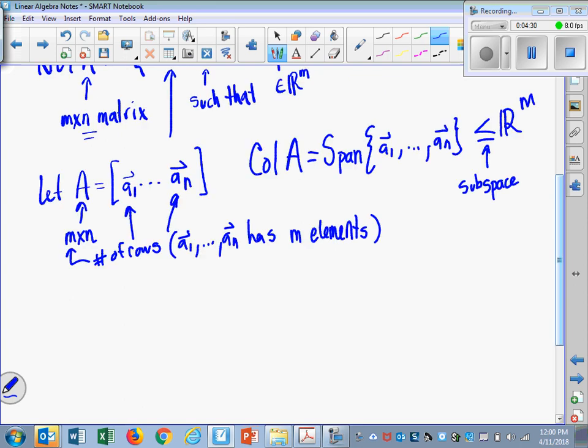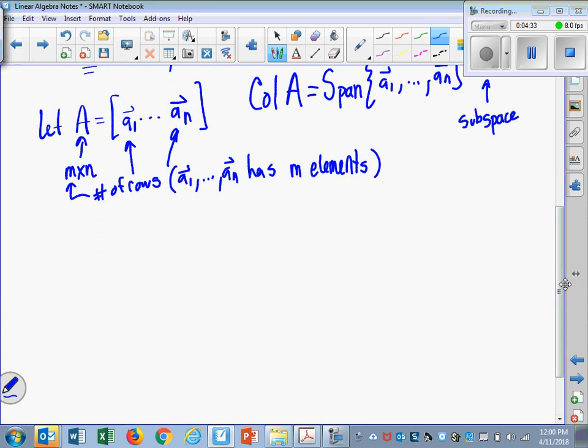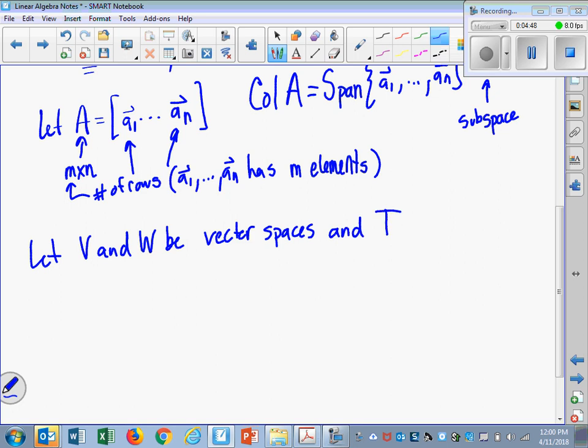We'll let V and W be vector spaces, and T a linear transformation from V to W if two things are true.